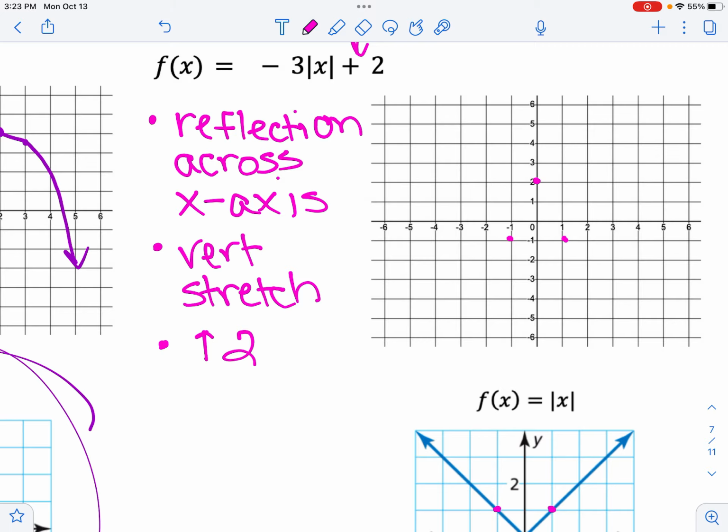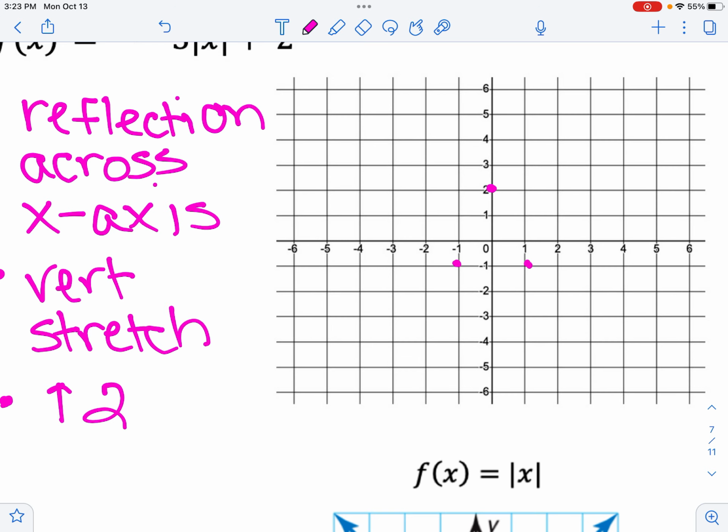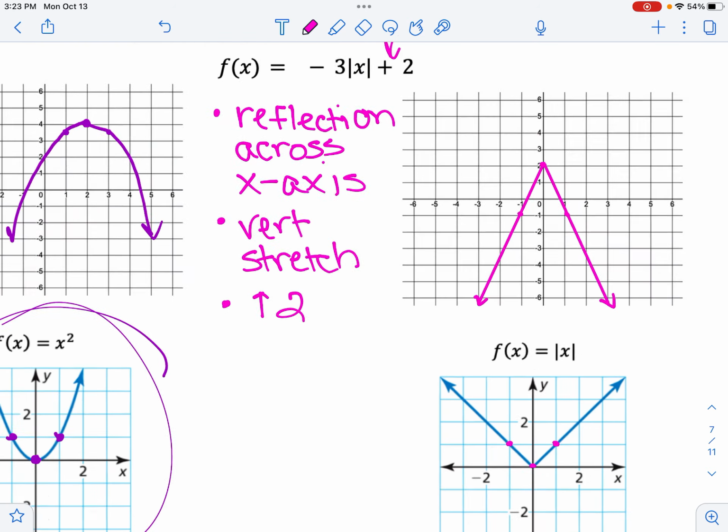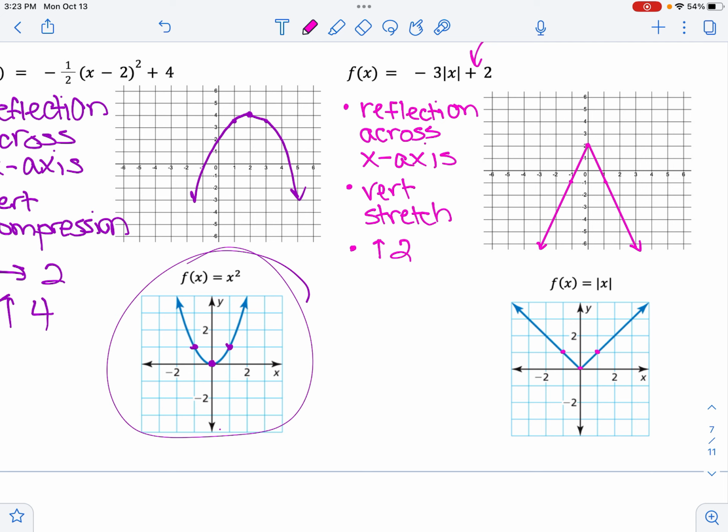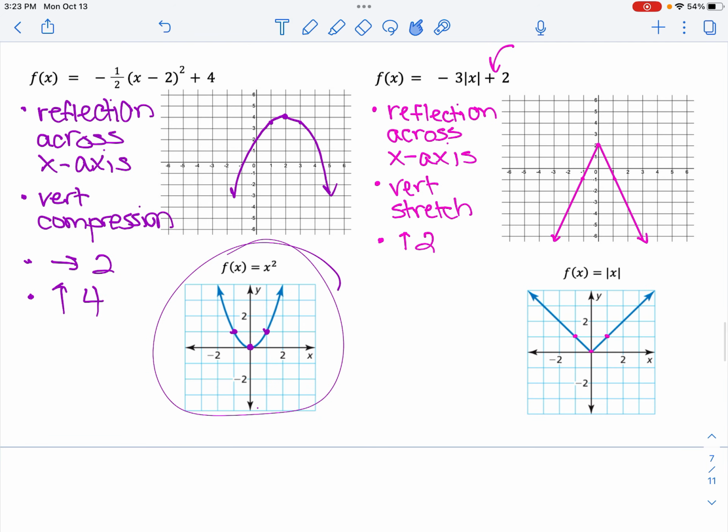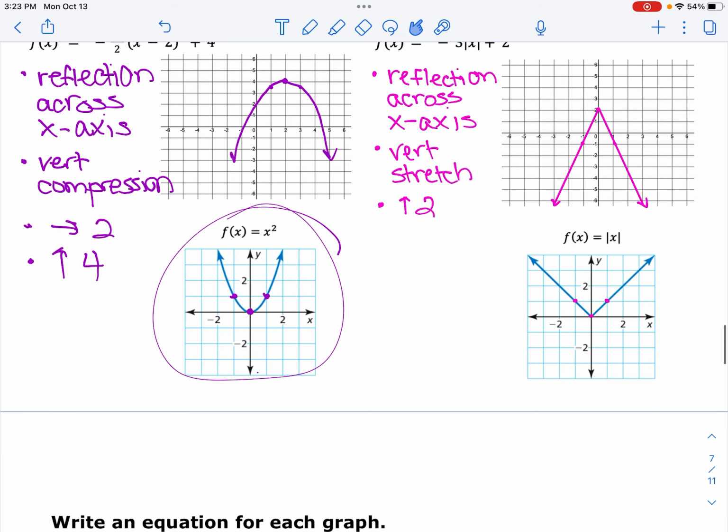Okay, and then try to draw my line. Okay, and there's that function. We did it. Okay, I hope that is starting to make sense after we've done a few examples.